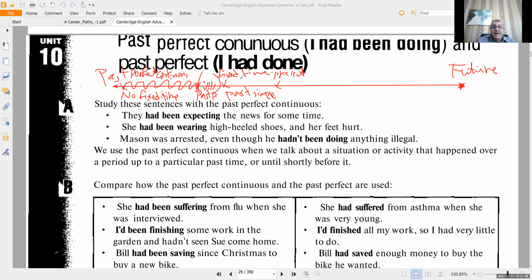هنا راح نجي بعض الأمثلة، فنتكلم عن past perfect continuous.